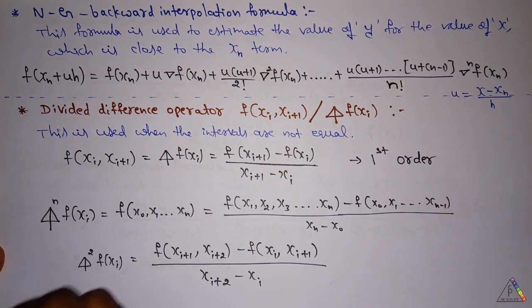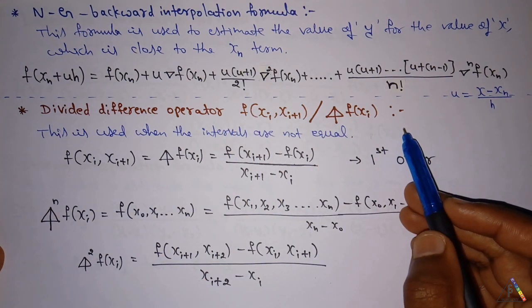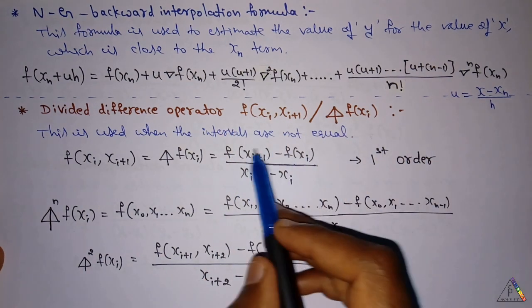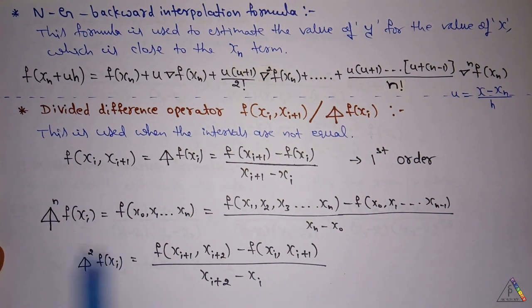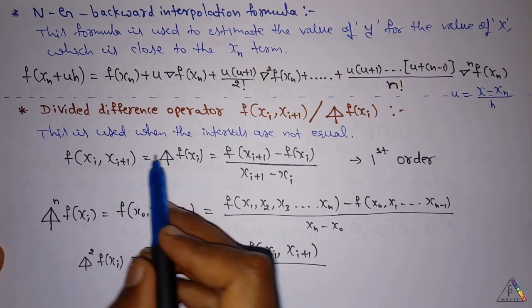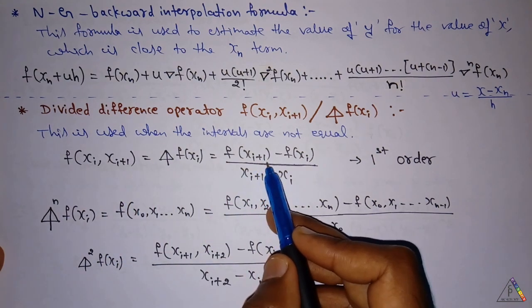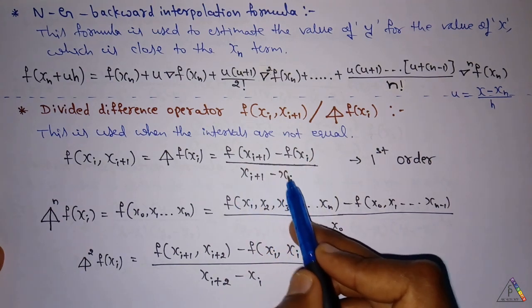Next is the divided difference operator. This operator is used when the intervals are not equally spaced, and the formula is given by f of xi comma xi plus 1 equals f of xi plus 1 minus f of xi divided by xi plus 1 minus xi.